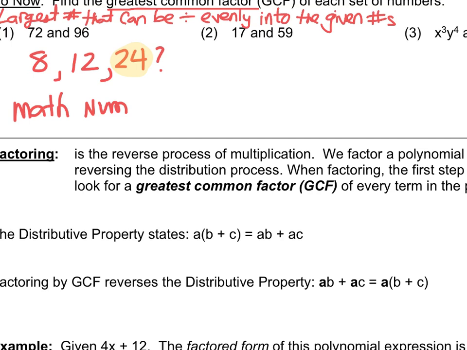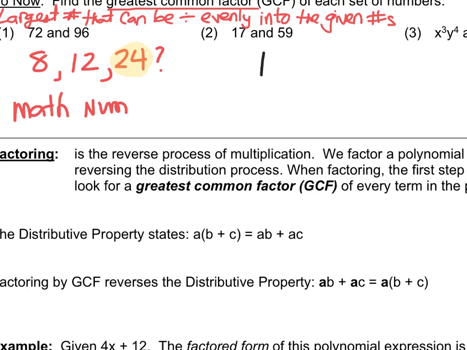All right. So math, go to the NUM column, select GCD, then type in the 17 and the 59. You get a value of 1, which is telling us that there aren't any non-trivial values.